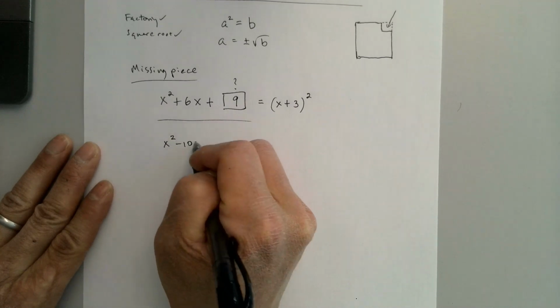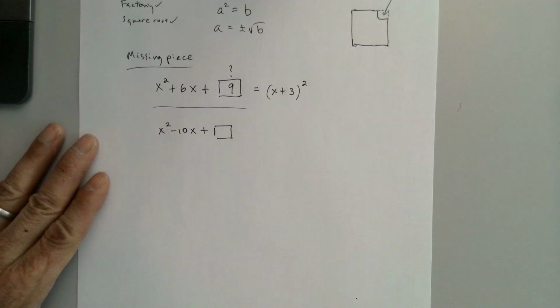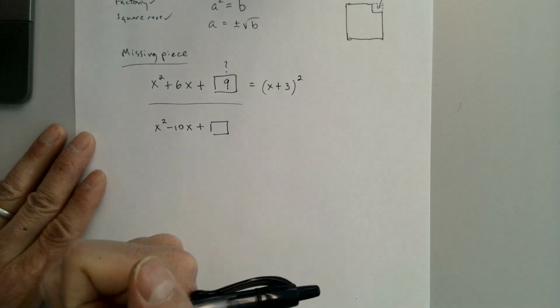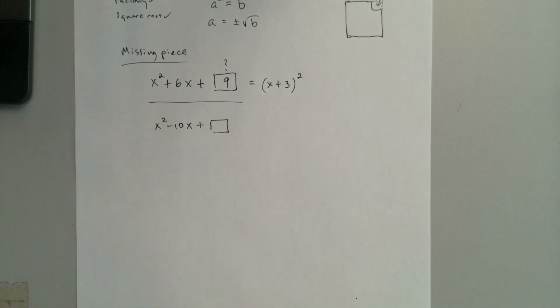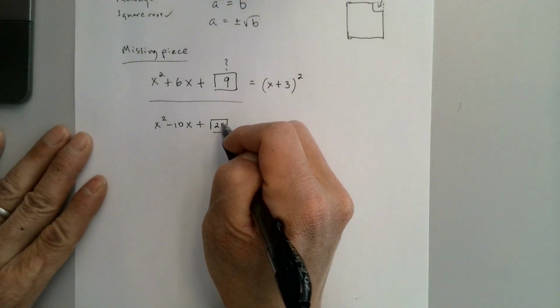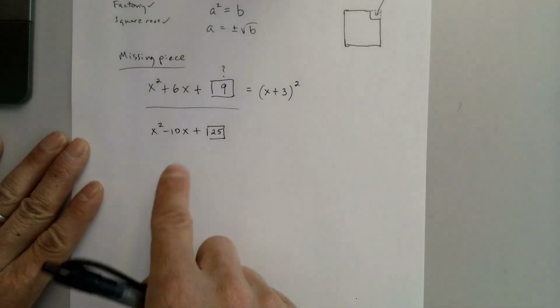Here's another example. X squared minus 10x plus blank is a perfect square trinomial. What goes in the blank? Think about it some more, try some numbers, a little guess and check, and you will arrive at that missing ingredient needing to be 25. This is what we are doing here.